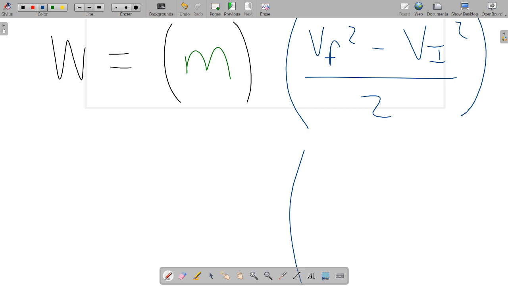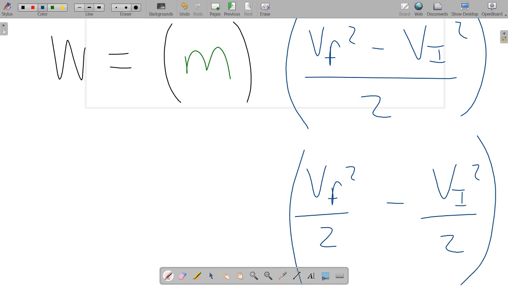Algebraically speaking, this here is the same thing as this: final velocity squared divided by 2 minus initial velocity squared divided by 2, all of that multiplied by mass is equal to work done.